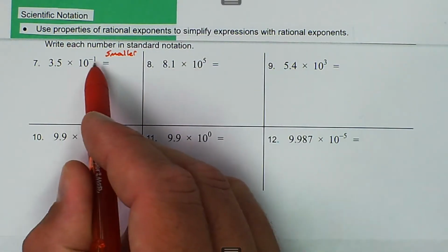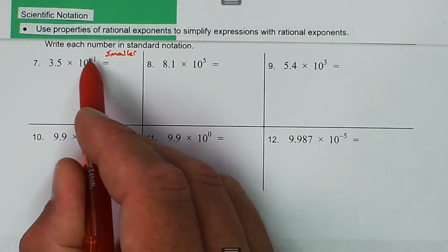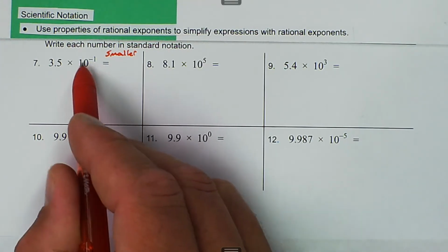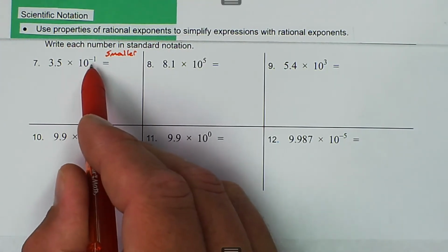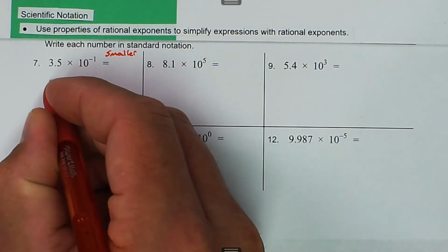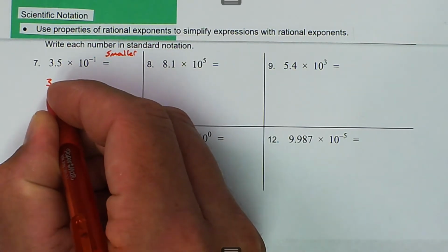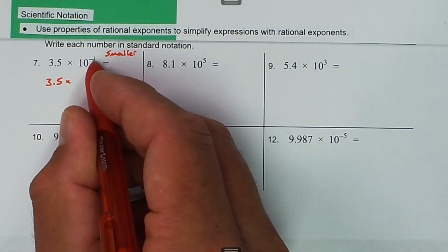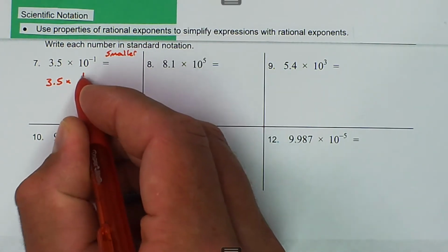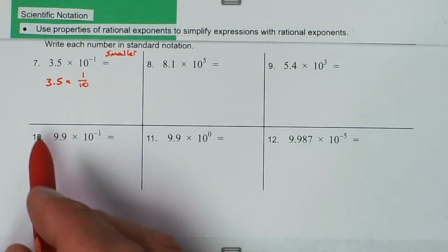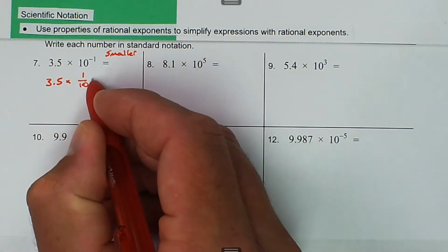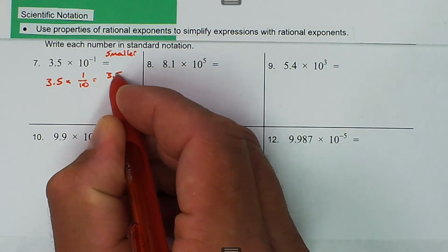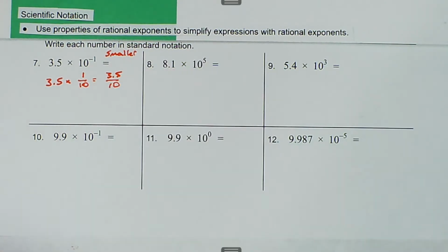If it is a negative, we can use the negative exponent rule, and really what that says is we're going to take 3.5 and multiply it by 1/10, which is the same thing as saying 3.5 divided by 10.